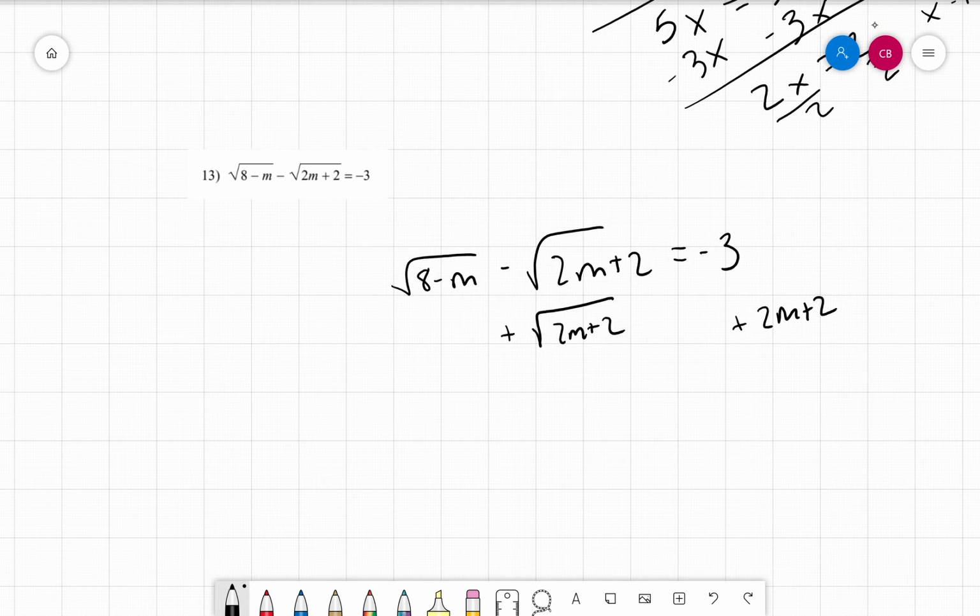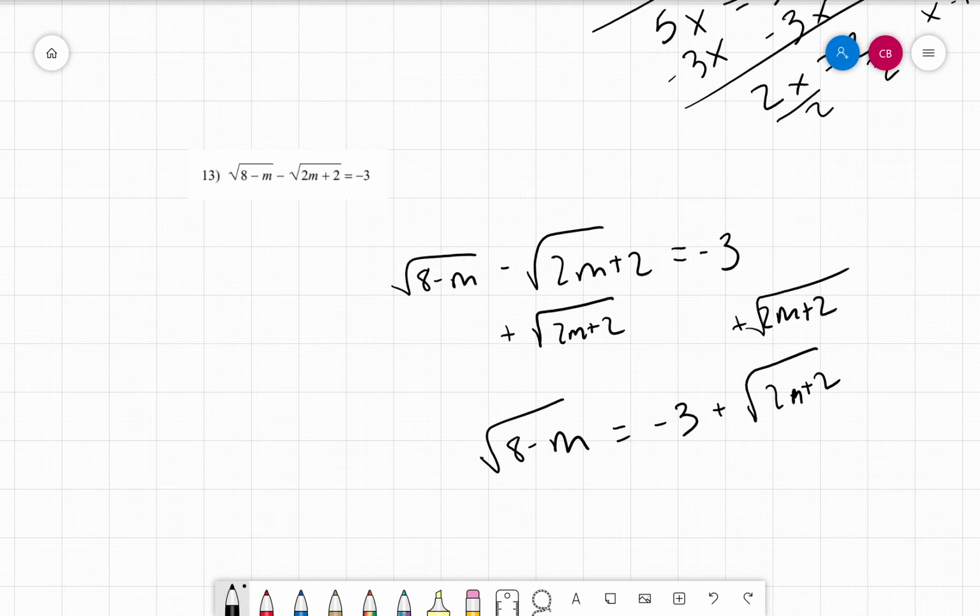plus the square root of 2m plus 2. And now we have the square root of 8 minus m is equal to negative 3 plus the square root of 2m plus 2. Okay, let's fix that. Now, if we want to square both sides, notice I put parentheses.